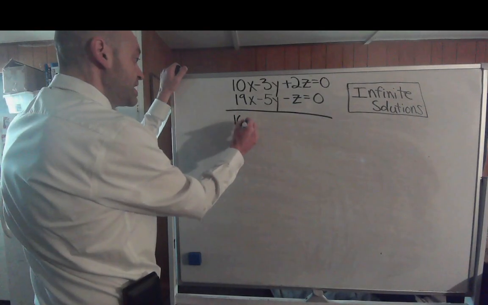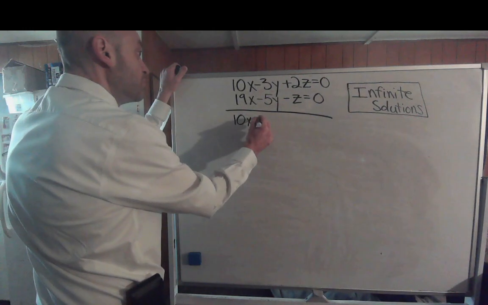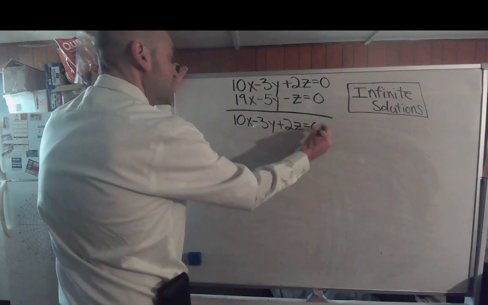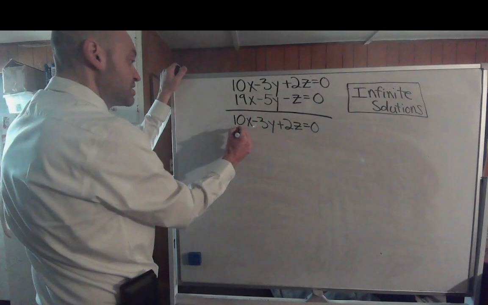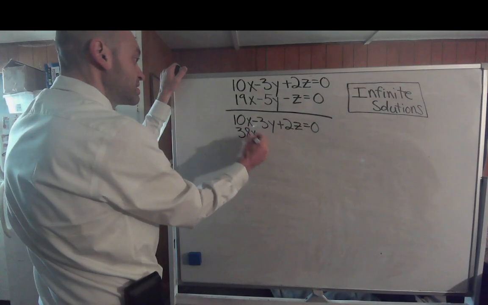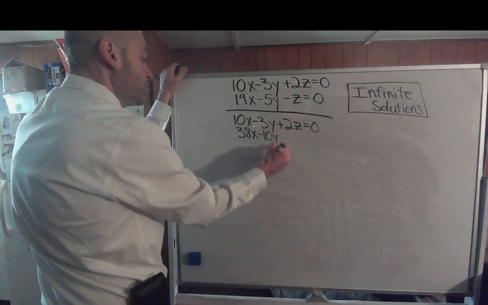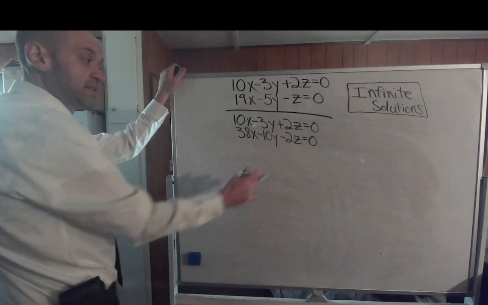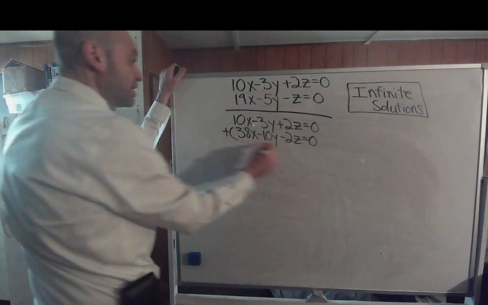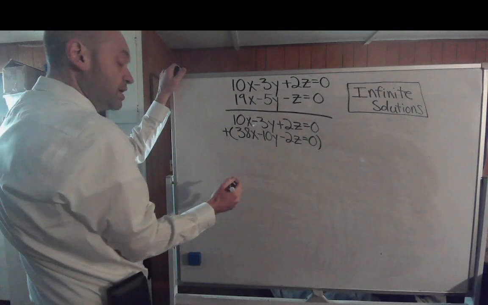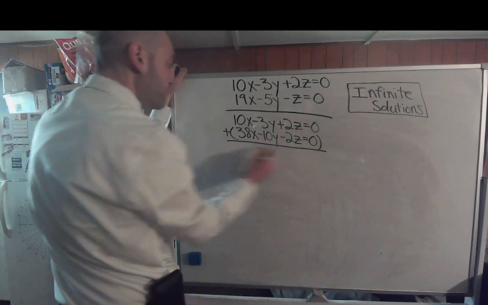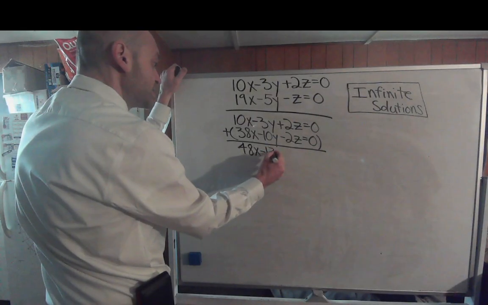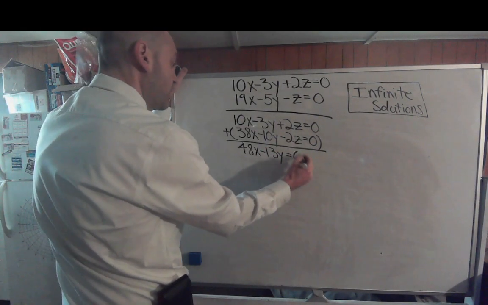So let's take 10x minus 3y plus 2z equals 0. Multiply the second equation by 2, you'll have 38x minus 10y minus 2z equals 0. Now you can add these and eliminate z temporarily. Well, you're going to end up with 48x minus 13y equals 0.